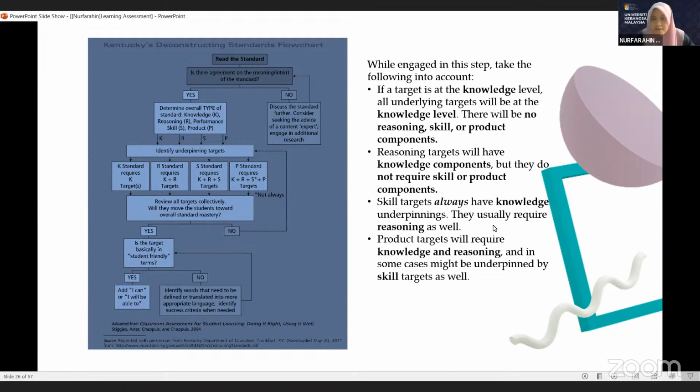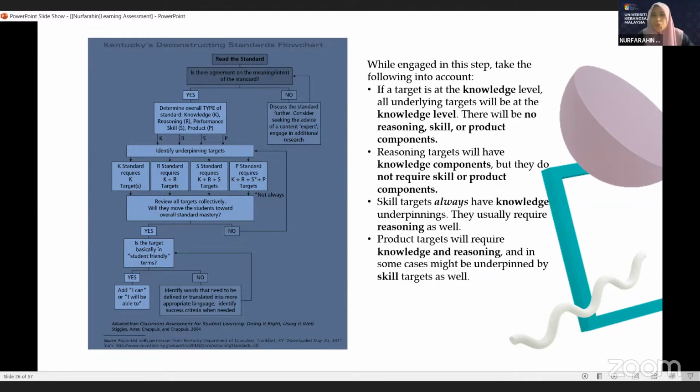Now let's look. While engaged in this step, if a target is at the knowledge level, all underlying targets will be at the knowledge level. So there will be no reasoning, skill or product components. This is what I'm saying: you can either have it singly done, meaning that you can only focus on knowledge, or you can only focus on each aspect.